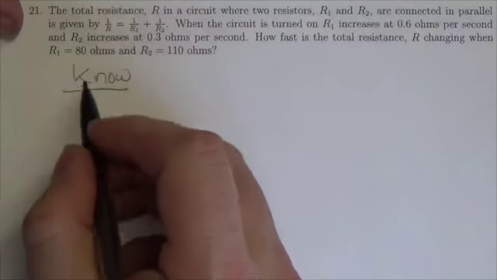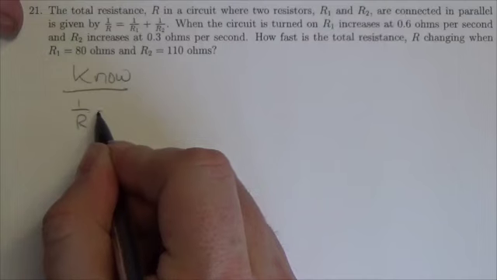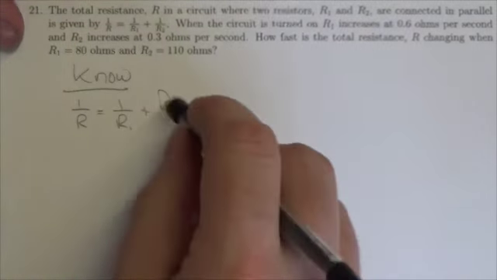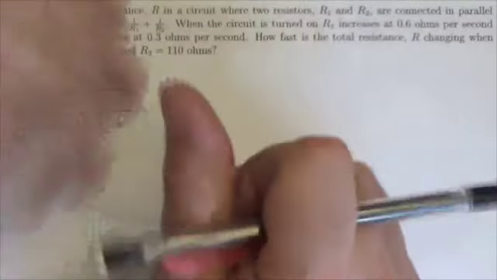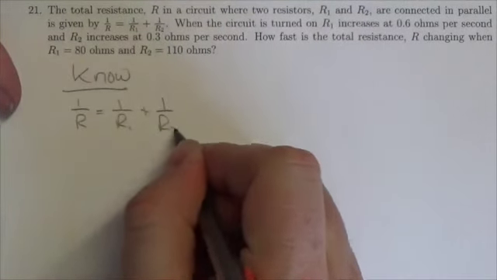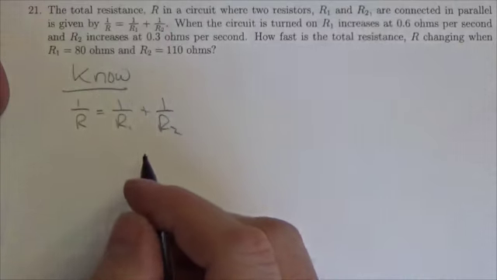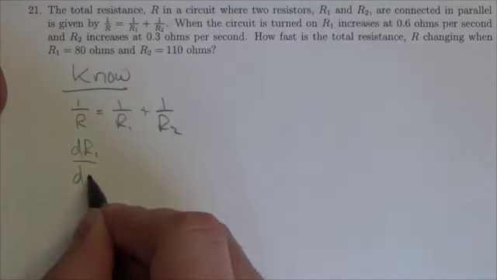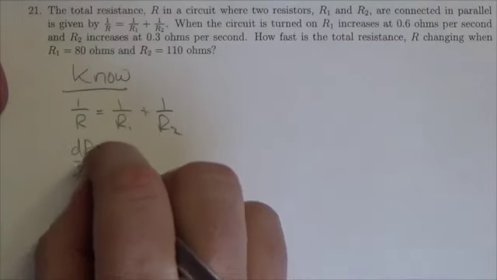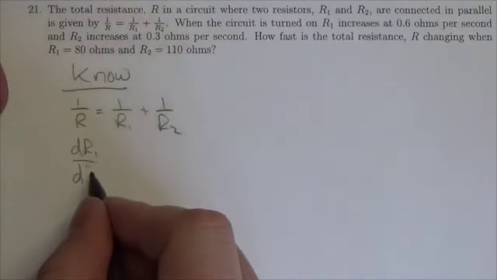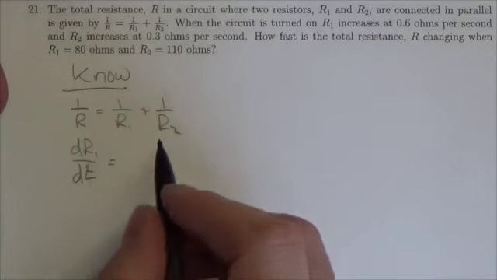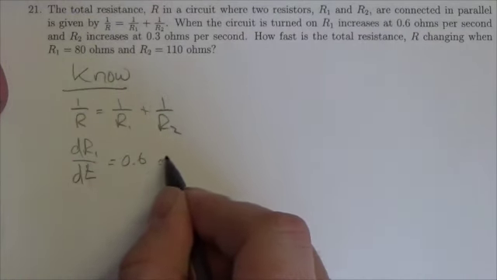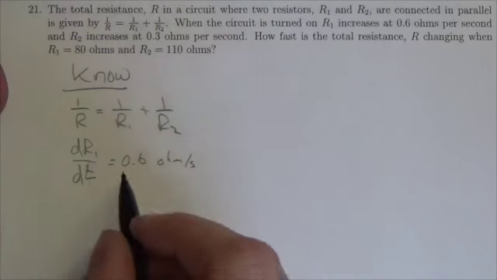Well, we know the equation: 1 over R equals 1 over R1 plus 1 over R2. We know that dR1 by dt is going to be 0.6 ohms per second.